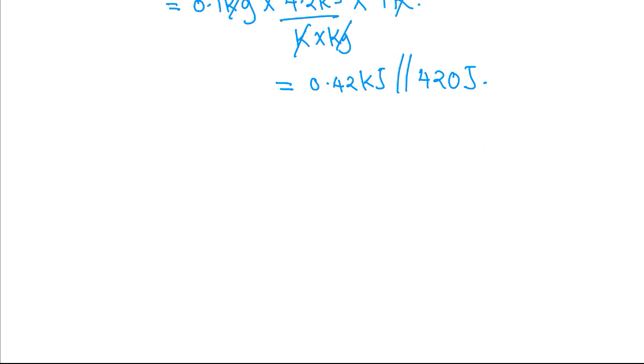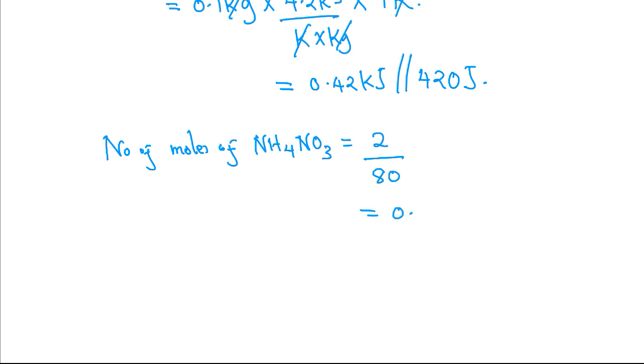Let's go ahead and calculate number of moles of ammonium nitrate. That is mass of 2, molar mass is 80, giving 0.025 moles.